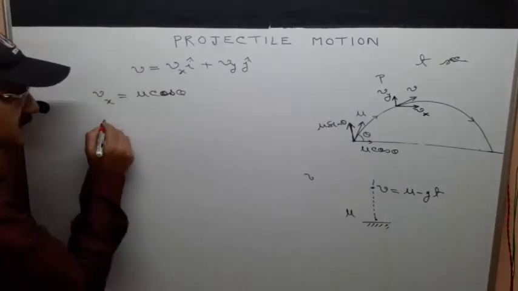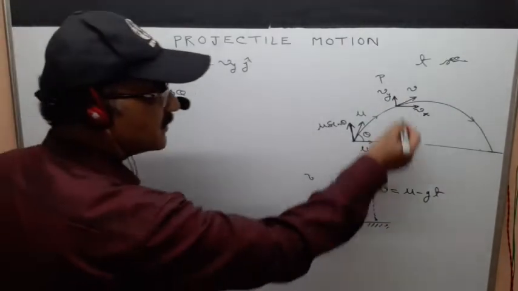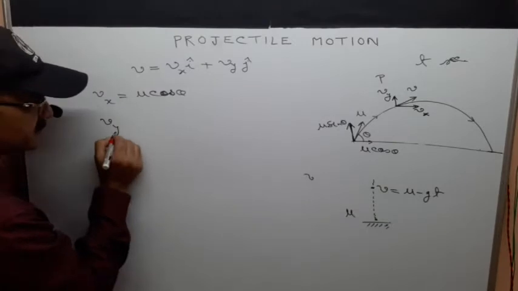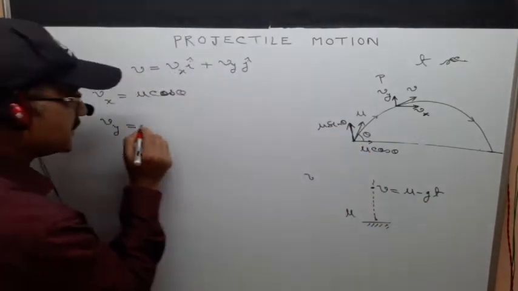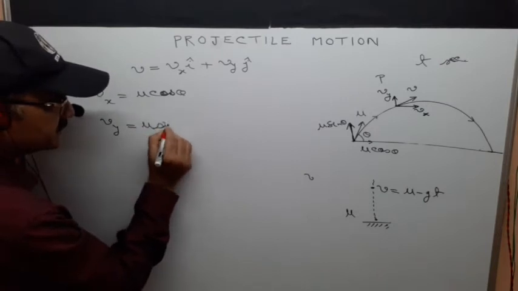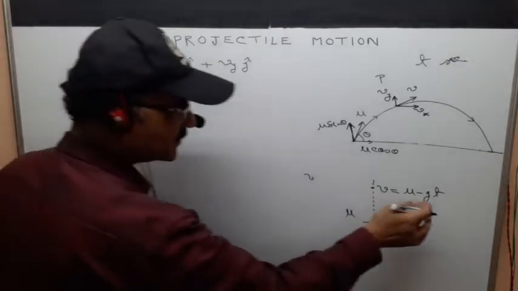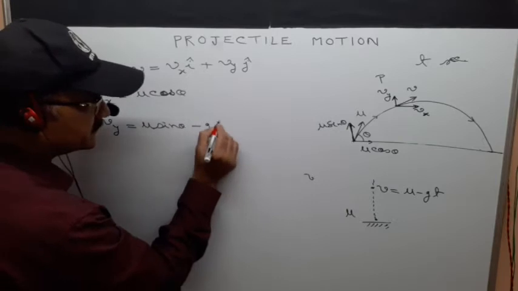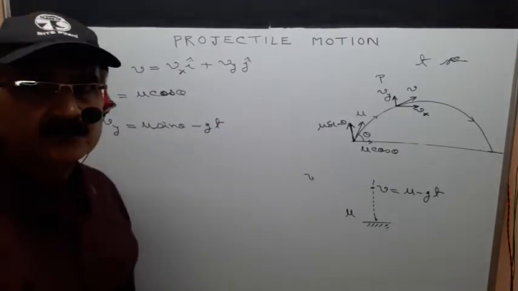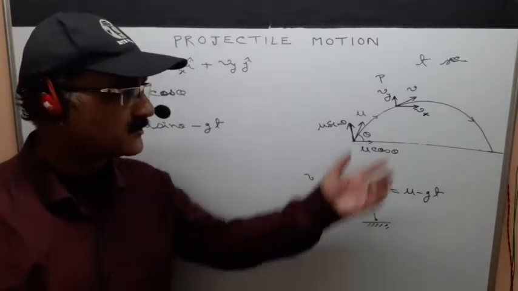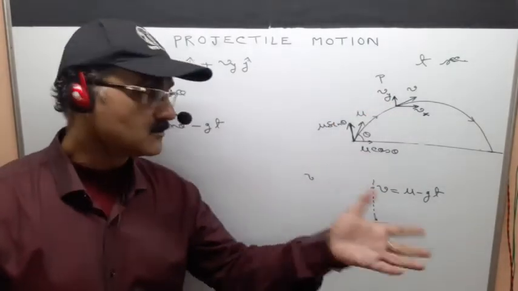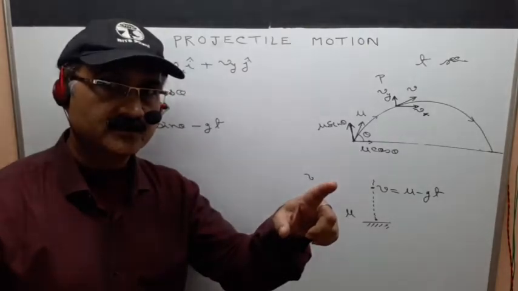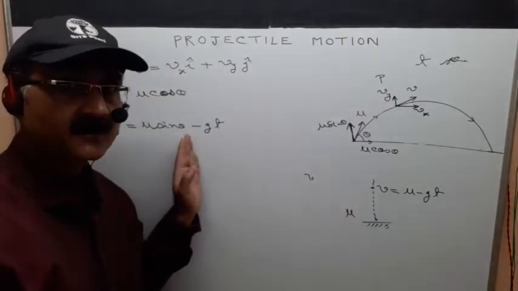So velocity in the y direction is equal to the initial velocity, which is u sine theta, minus gt, right? When you learn it by referring to what you had learned earlier, what was clear to you before, it becomes very simple.